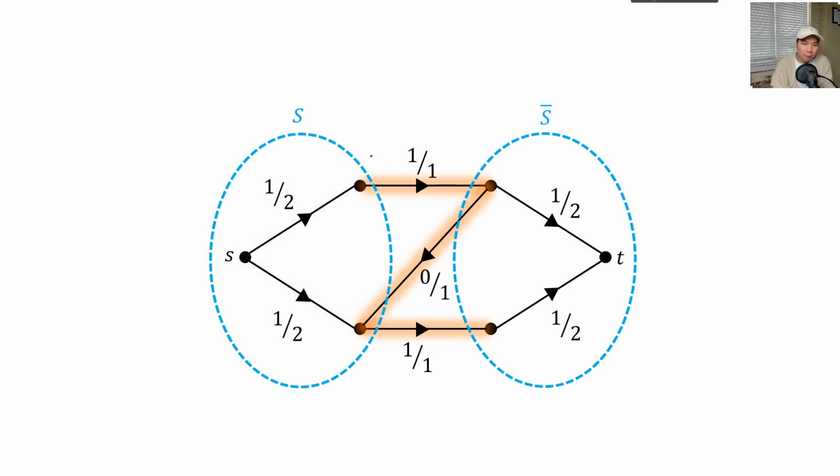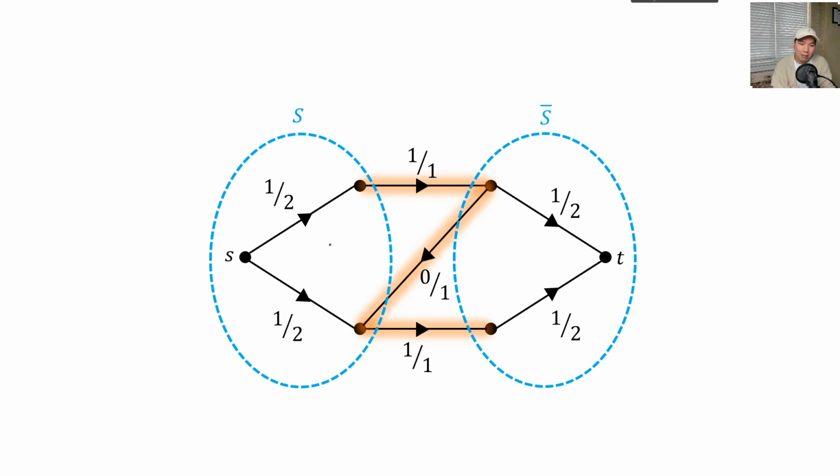So these 3 vertices were in S, and then these remaining vertices were, well, not S. So if I look at this S and not S, or S bar, let's look at the edges between them. Right here, what I've highlighted in orange, this is our source sink cut.